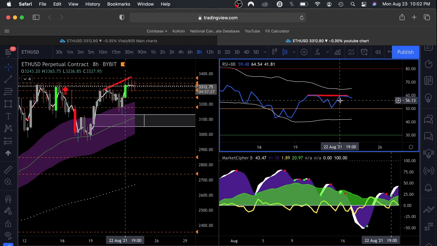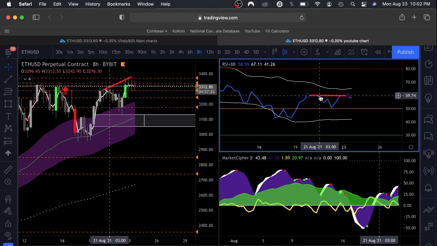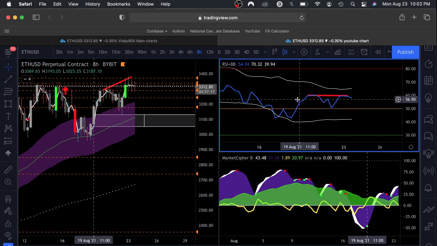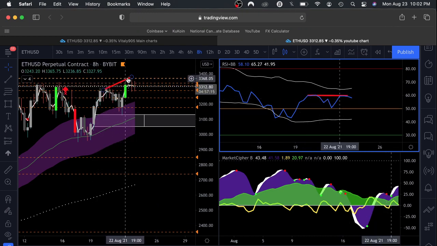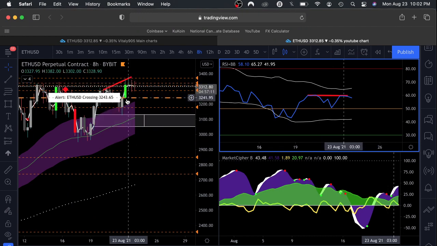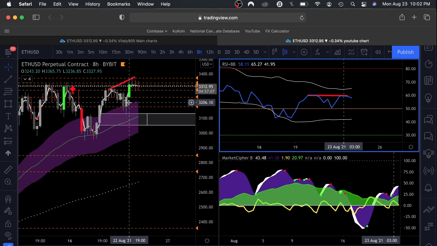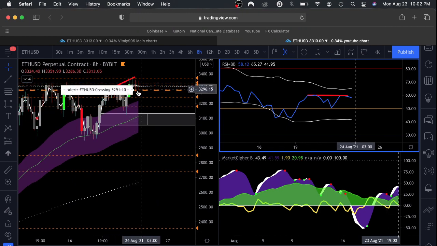It's not even in the 60s up here. So sometimes you just have to kind of look at it. This would be an exaggerated bearish divergence. RSI is somewhat even, but the price is clearly higher. You got this green candle here, but this is on the 8 hour, so I don't really take too much of that.